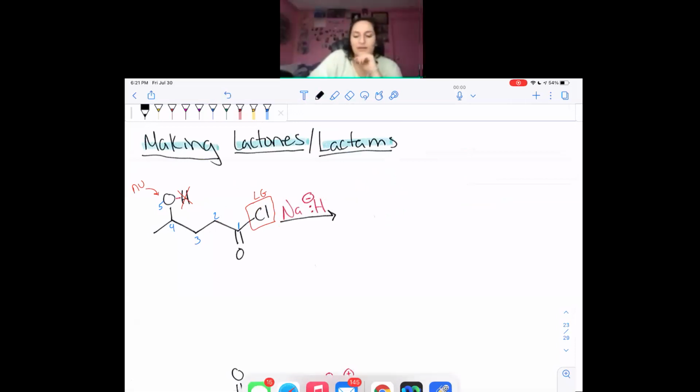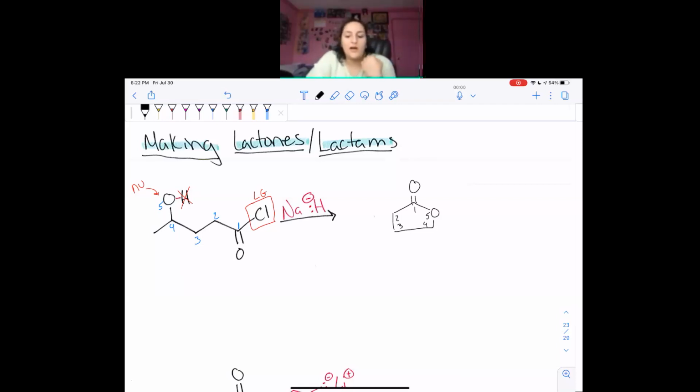So I draw out a 5-membered ring with oxygen inside of it. And 1, 2, 3, 4, 5. Cool. On carbon 4, I have a methyl. And we have Cl out here as a byproduct.